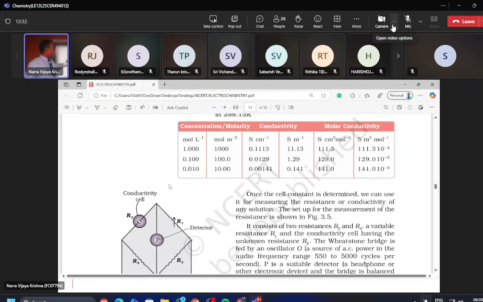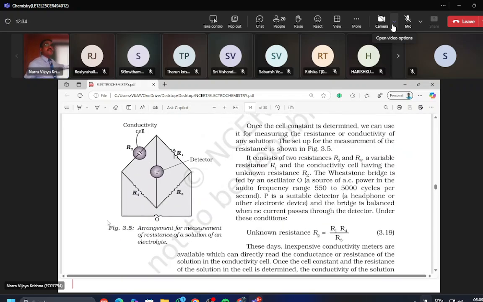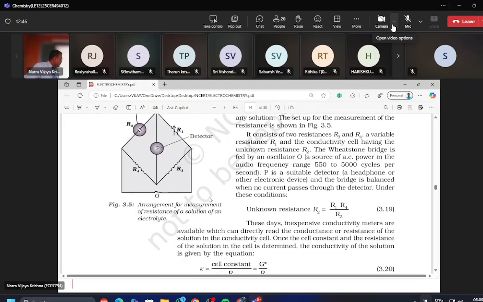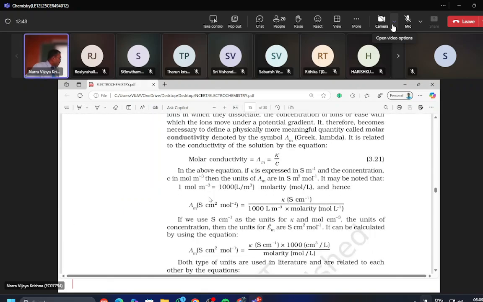Now, what is this? Wheatstone bridge used to measure resistance of conductivity cell. Correct? All this data is already done.